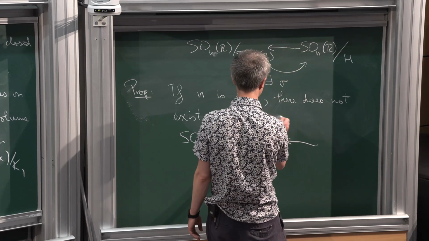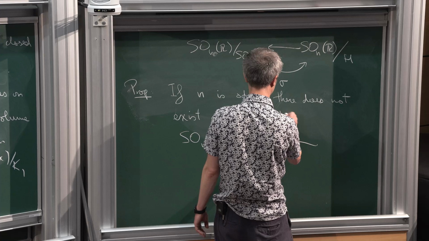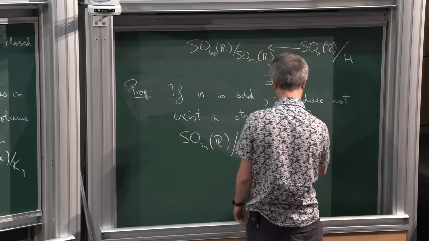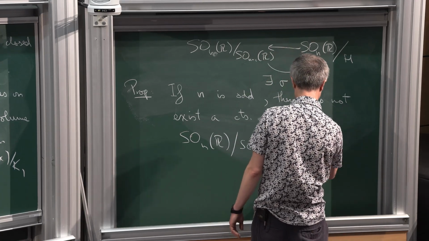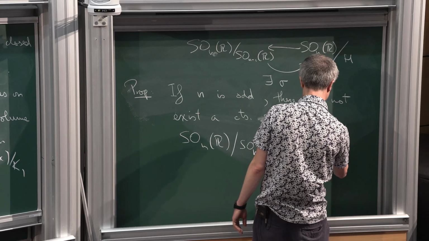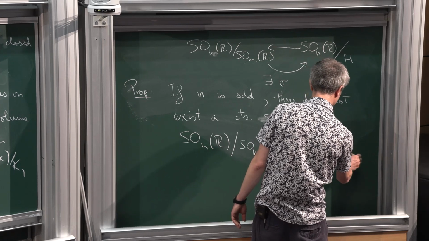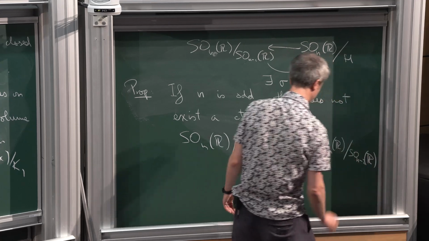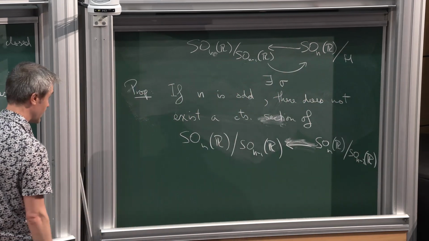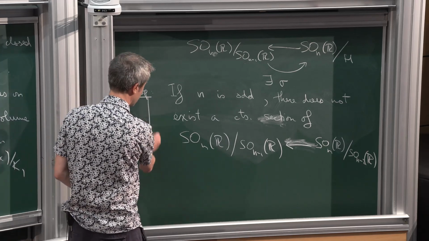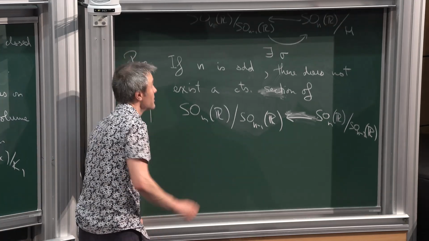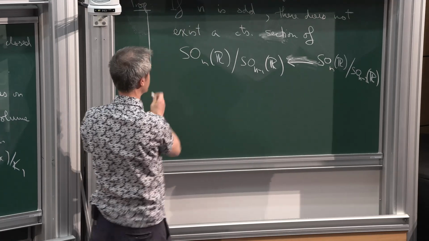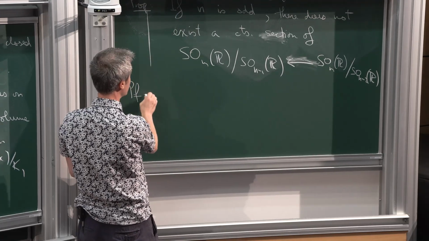Okay, so not the continuous map, but the continuous section of this projection. So this is a proposition which you can prove using first-year algebraic topology.